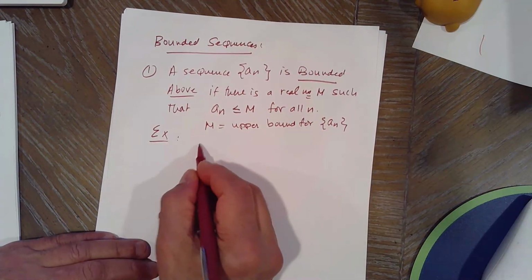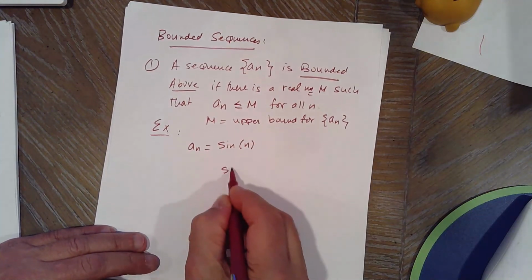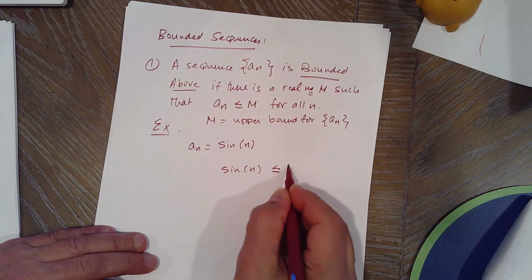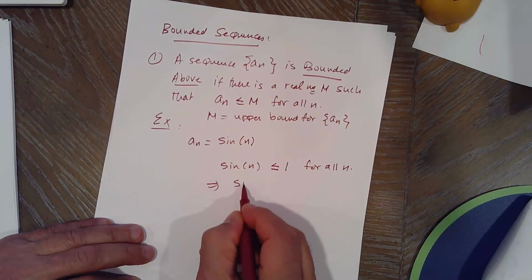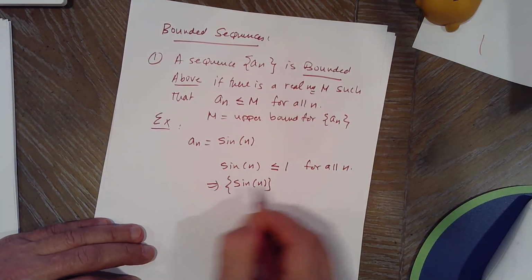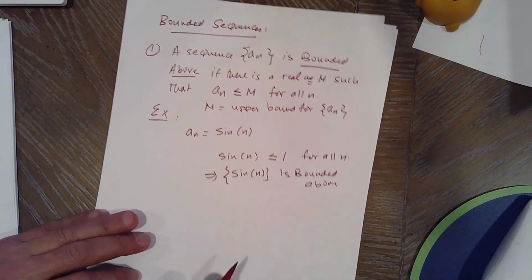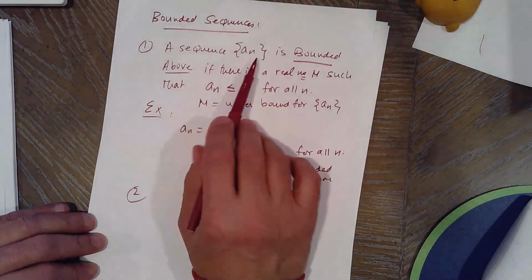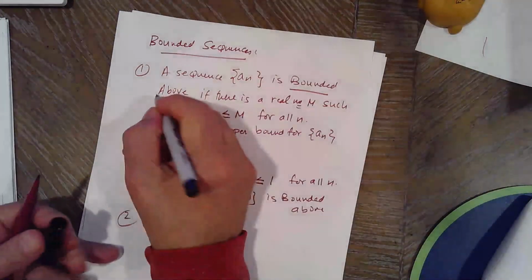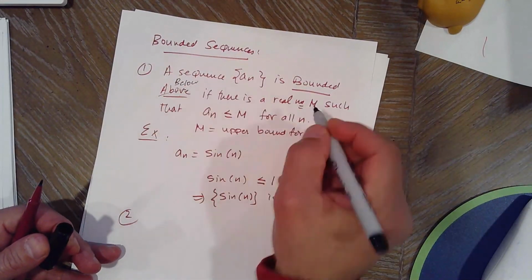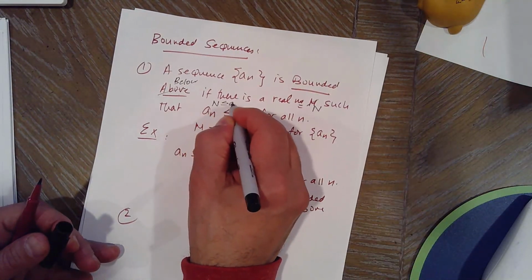For example, a_n equals sine of n. This sequence is less or equal to 1 for all n. That means sequence sine n is bounded above, and the upper bound for that sequence is 1. Okay, and a sequence a_n is bounded below. So I don't want to write this down, it's in notes. It would be bounded below if there's a real number, I'm going to use n instead of m, such that n is less or equal to a_n.